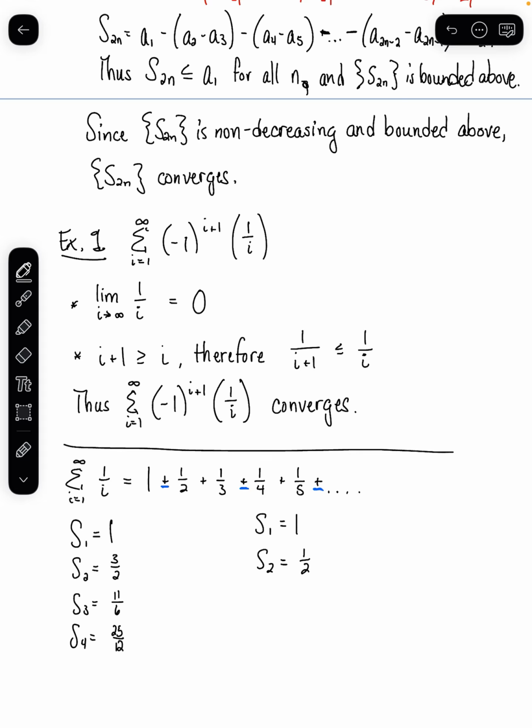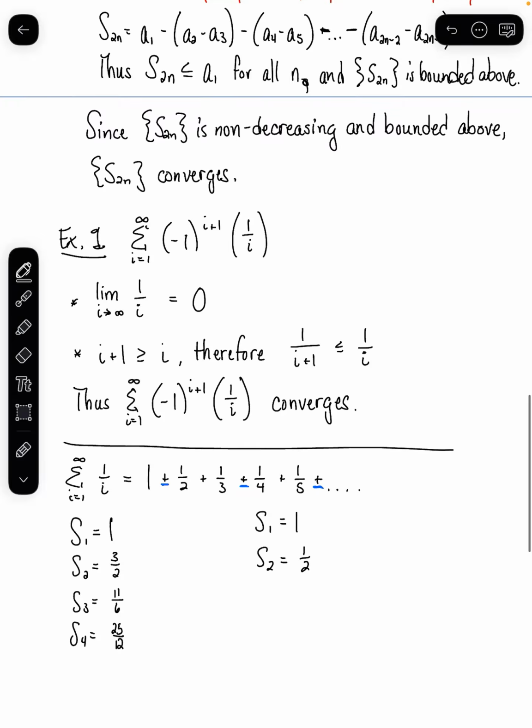We did show this as part of the proof of the alternating series test, that the sequence of partial sums, of an even number of terms, will always be smaller than the original first term of the series. Now, we are then going to add on again.